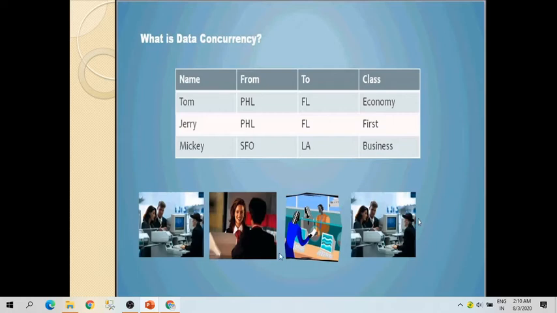Different counters have been provided so that they are being verified at a time. So all the people are accessing at a time, checking their details at a time. So this is concurrency.